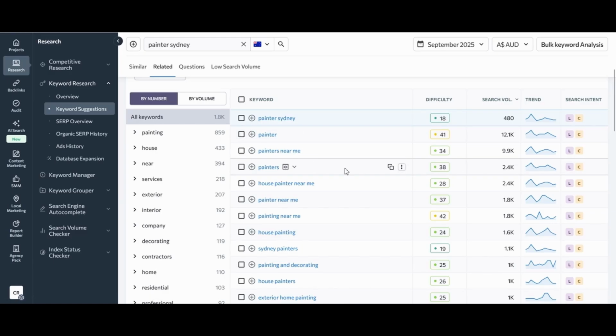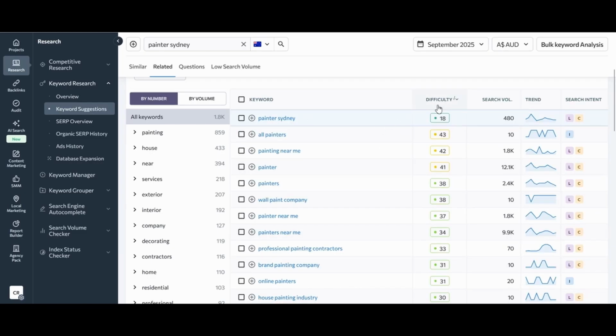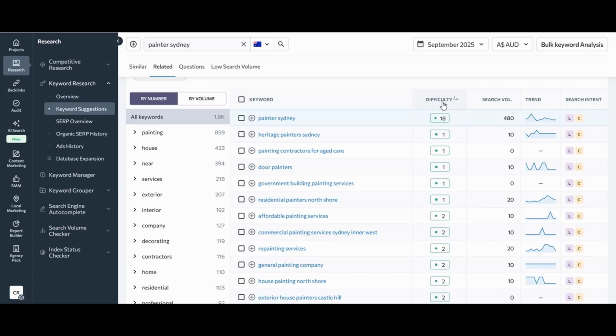One of the critical points here is to take a look also at keywords that have a low difficulty to rank for, but have a high or higher search volume. Residential painters North Shore, I can see last month there were at least 20 searches conducted for this key term.